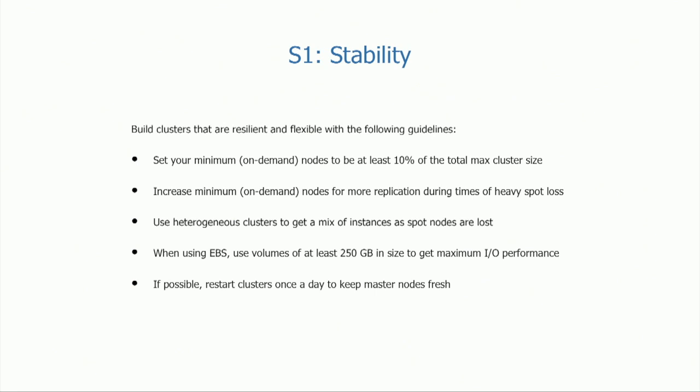And number 2 here is increase the minimum nodes of your cluster for more replication during times of heavy spot loss. This is more of an AWS-centric type issue here, but it can apply to pretty much any cloud model. But generally, whenever we find that node loss is high and that jobs are constantly retrying, it's best to increase your minimum on-demand number of nodes and then reduce those back again if you can after you get past the pain point.